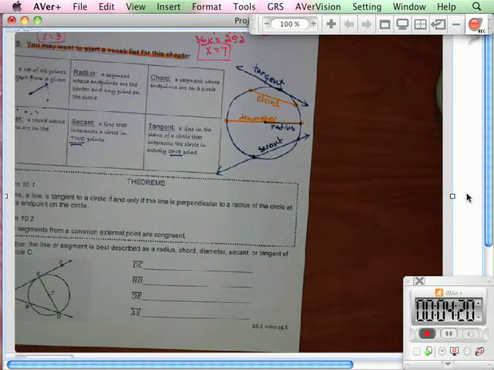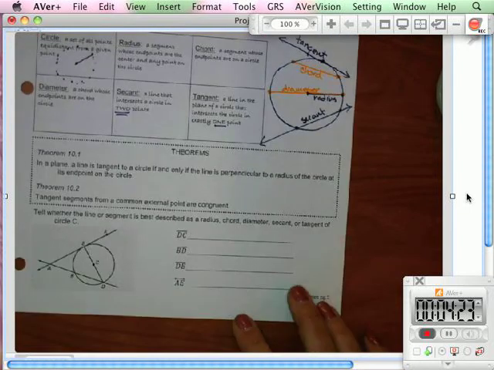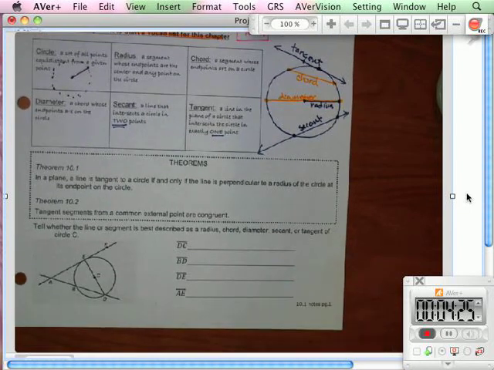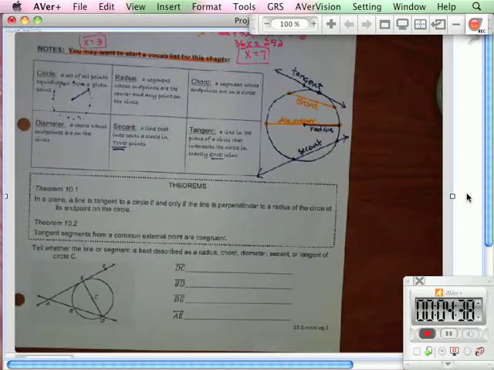All right, we're going to work with these words and this particular theorem right here. In a plane, a line is tangent to a circle if and only if the line is perpendicular to a radius of the circle at its endpoint on the circle. That's a lot of words there. I can draw that for you right in this picture.